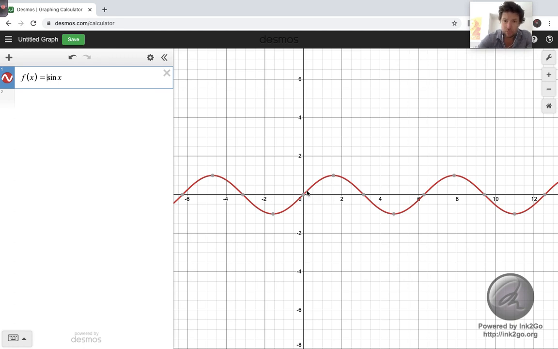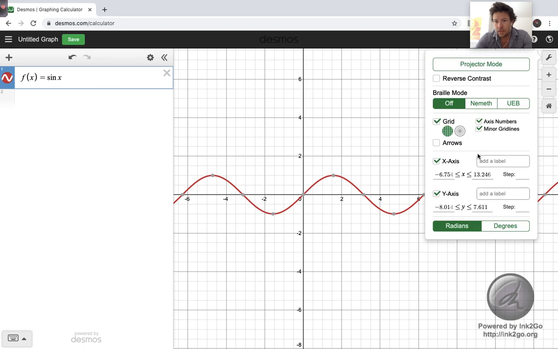For every given input here, though, we have to tell it what kind of units we're measuring in. So if I go to the wrench in the upper right, at the bottom here, there are inputs for radians or degrees. You always have to tell a graphing calculator what types of input you're giving to the function. So along the x-axis right now, it's assuming that we're rotating in radians.